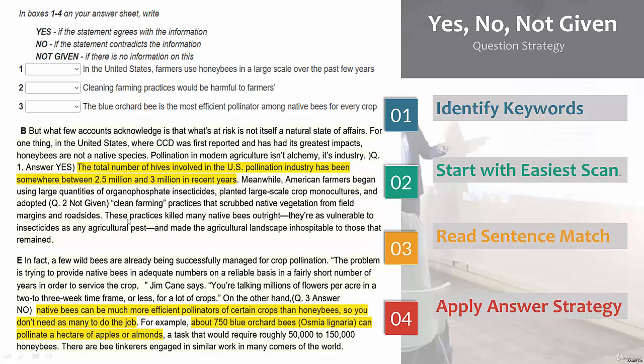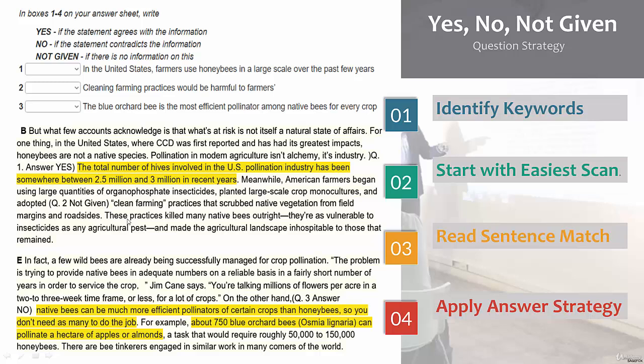So you look in paragraph E, and it says, on the other hand, native bees can be much more efficient pollinators of certain crops than honeybees, so you don't need as many to do the job. For example, again, these two sentences are connected because it says, for example, about 750 blue orchard bees can pollinate a hectare of apples or almonds.